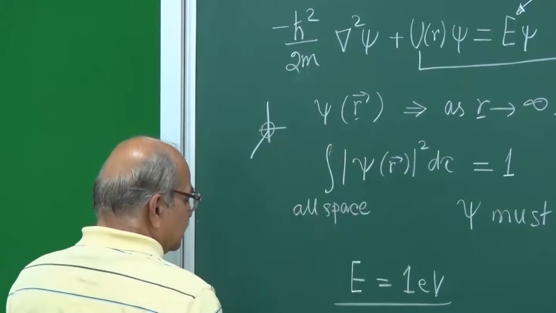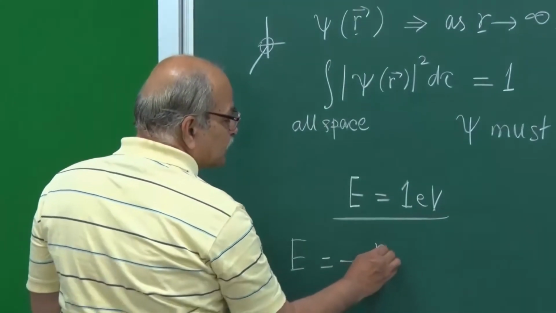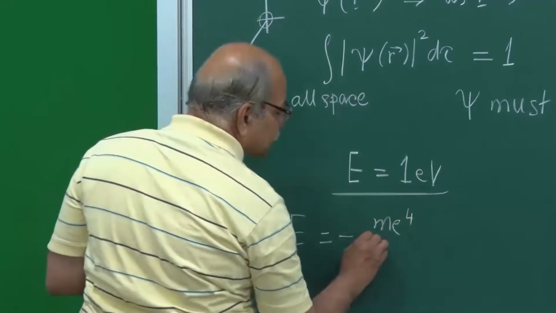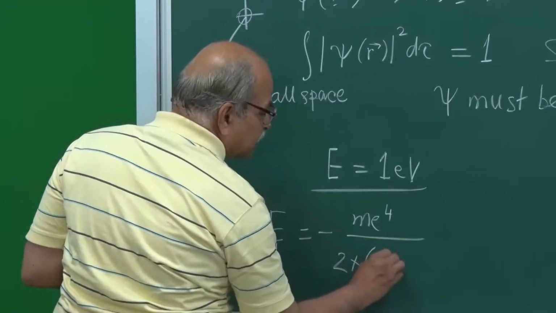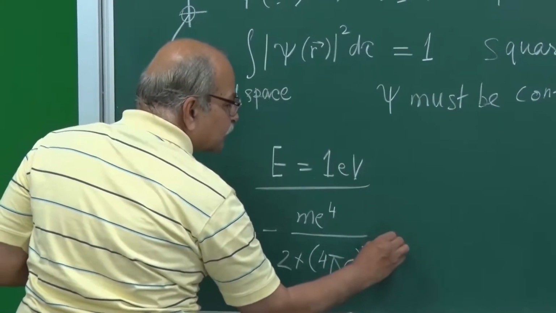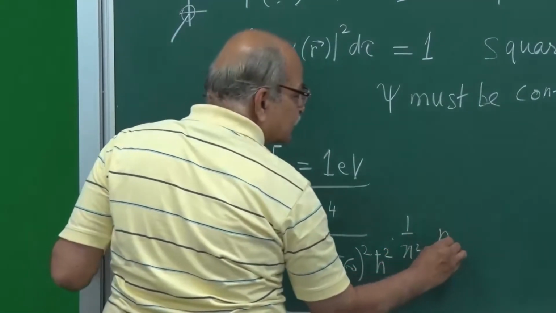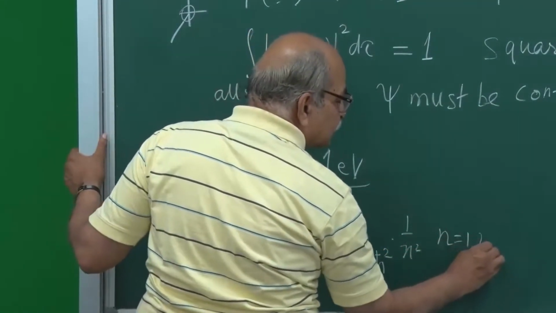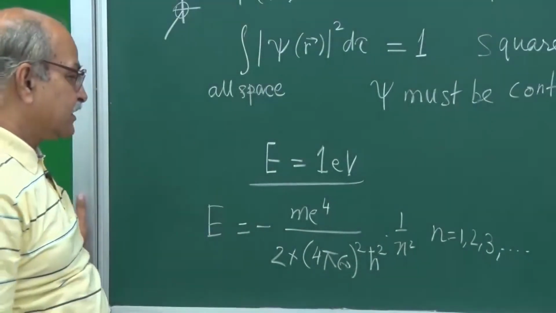And in this particular case, it turns out that those energies are given by minus m e to the power 4 divided by 2 into (4 pi epsilon naught) square h cross square, and 1 by n square here, where n is equal to 1, 2, 3 and so on, some positive integer.